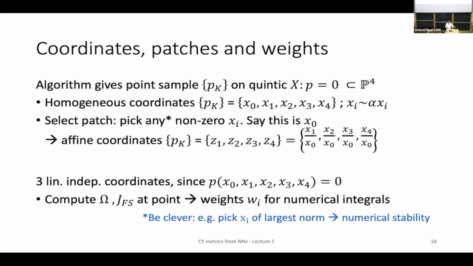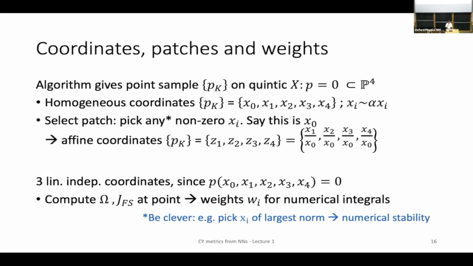We divide our ambient space into patches, and we define the affine coordinates, 4 of them. And then because we are imposing the defining polynomial being 0, this gives us 3 linearly independent coordinates on our Calabi-Yau, and then we can compute these forms, the 3-form omega and the 2-form J. And we can also compute the weights for the numerical integration.